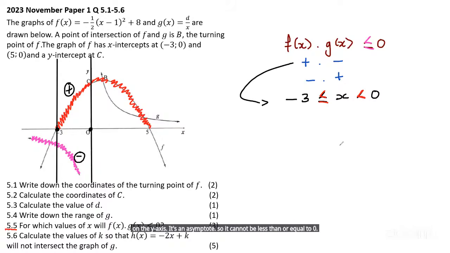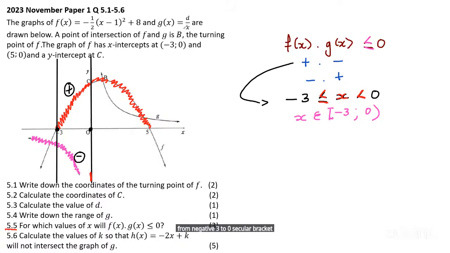The graph of g does not even touch the asymptote of the y-axis, which is x is 0. So the restriction must exclude the asymptote. So -3 is less than or equal to x, but x cannot be 0. Another way to write it is to say x is an element of [-3, 0).